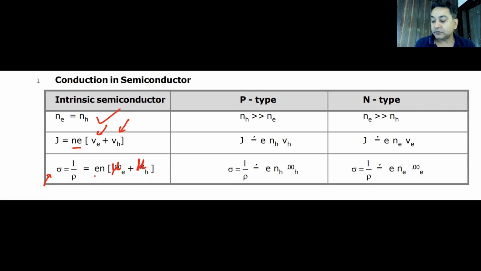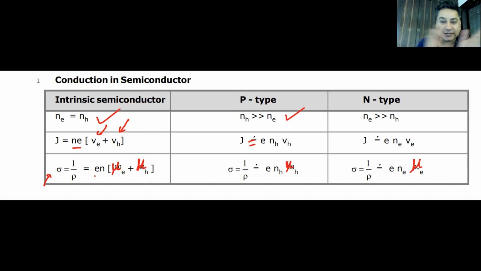Yes, sir. Here in P type, number of holes is very more. So we have Nh into Vh into E. Do we understand this? Only holes wale terms are coming. Do we understand? Here it will be simply equal to multiplied by the mobility of the holes. Here we have mobility of the electron.